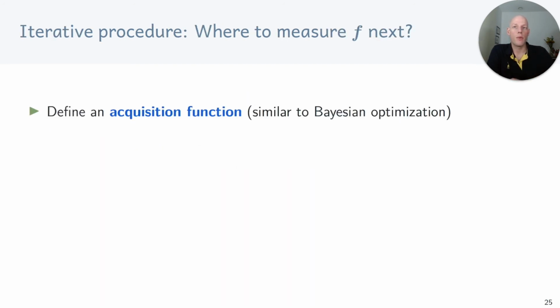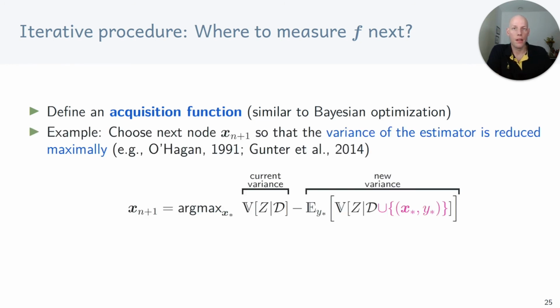Given that Bayesian quadrature can work with arbitrary locations xn and corresponding function values, we can also define an iterative procedure to determine where to measure f next. For this, we can define an acquisition function. For example, we can choose the next node to evaluate our function at, so that the variance of the estimator is reduced maximally.